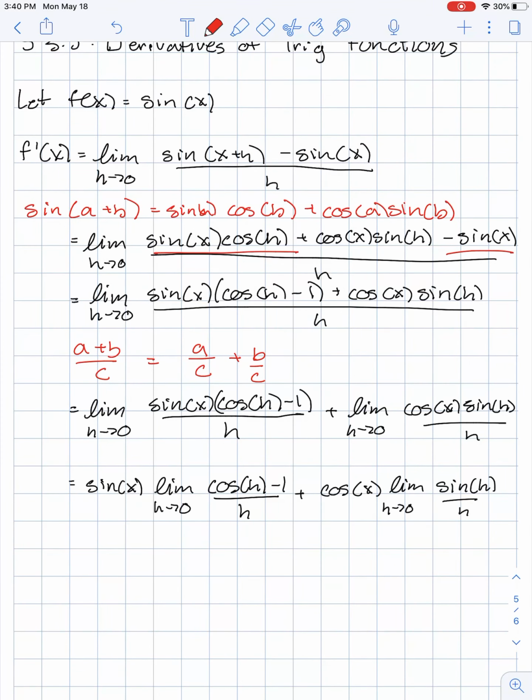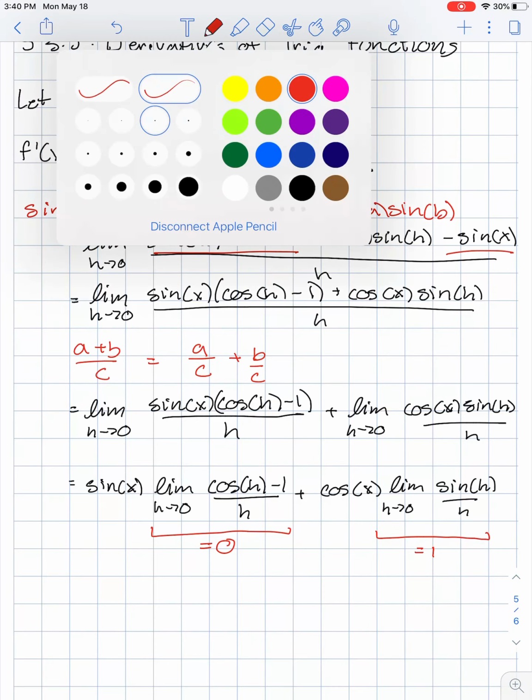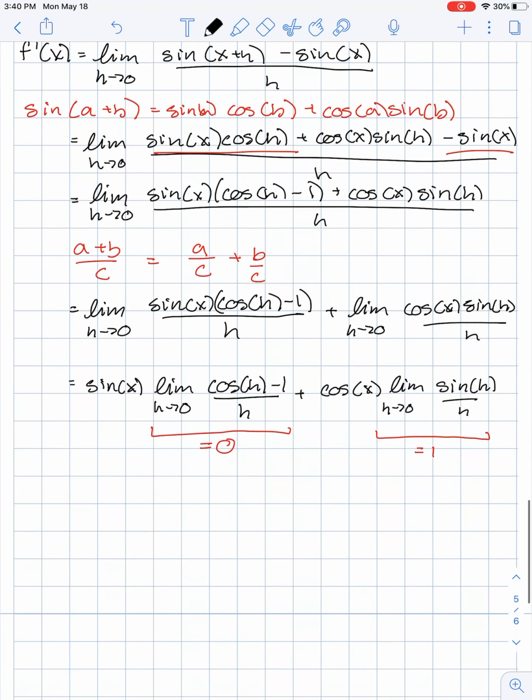What we've seen in past lectures is that the limit as h goes to 0 of cosine of h minus 1 over h goes to 0, and the limit as h goes to 0 of sine of h over h goes to 1.